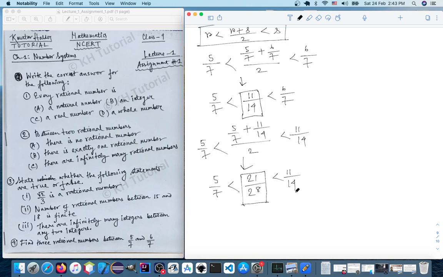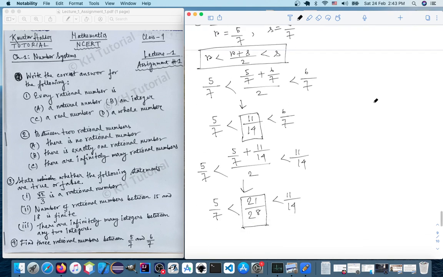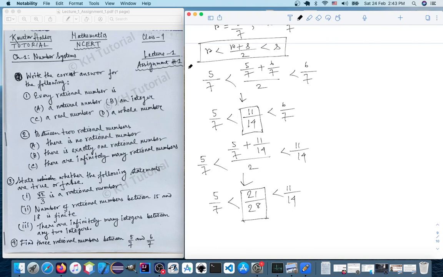Now this was step 1, this was step 2, and to find the third rational number, we will find a rational number between 11 by 14 and 6 by 7.